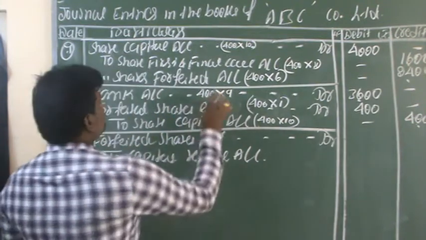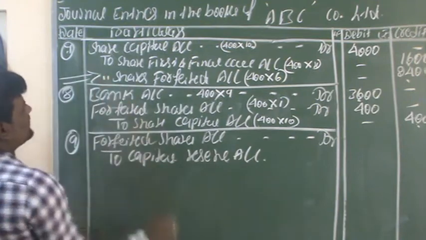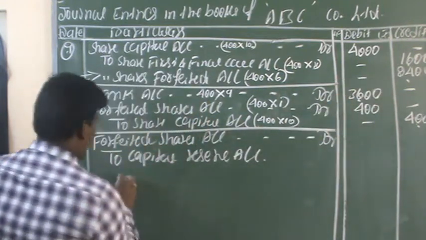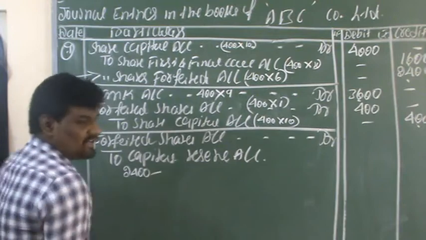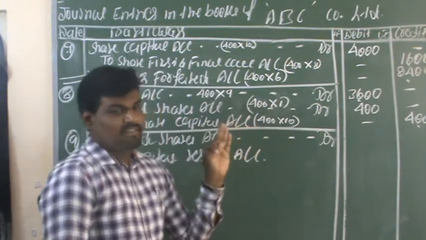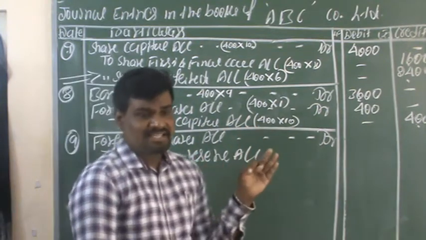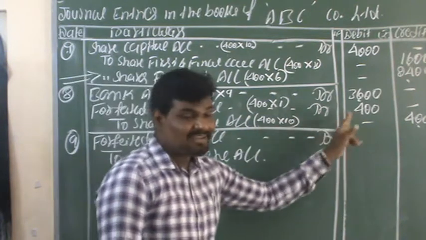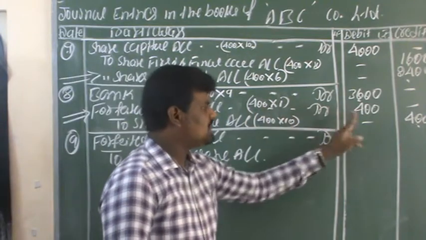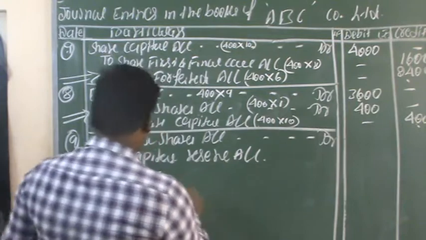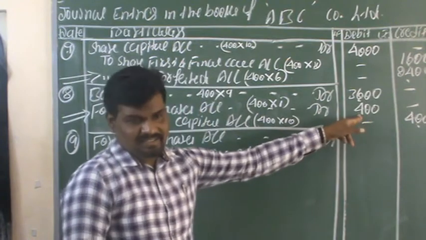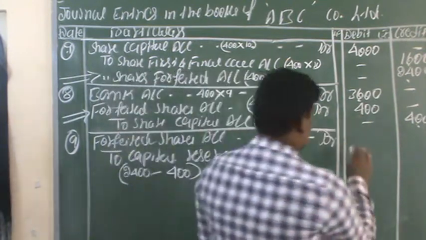So for this, the already paid up capital on these forfeited shares in the 7th entry, the share forfeited account, is 2400 rupees. You have already received 2400 on these shares at application as well as allotment time. When they are reissuing these shares, at that time they are getting 400 rupees loss, right? In the 8th entry, forfeited shares account 400, as we have already calculated. So 2400 minus 400, the remaining balance is 2000 rupees.